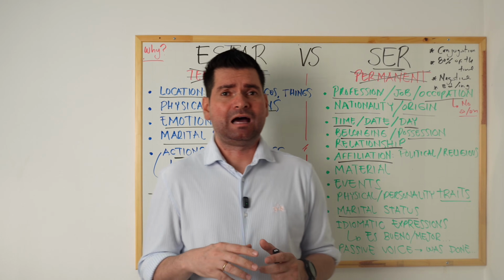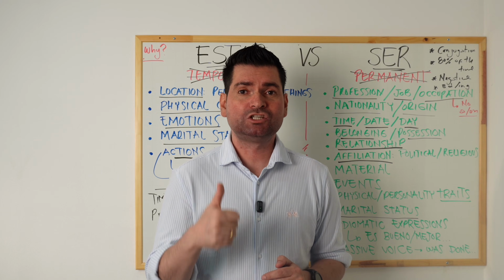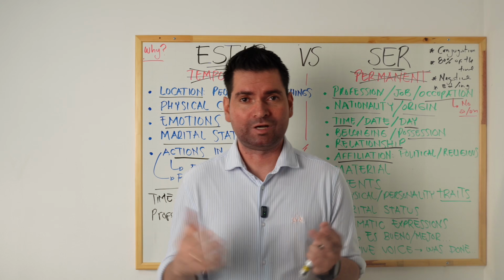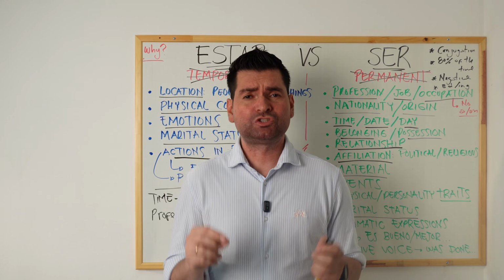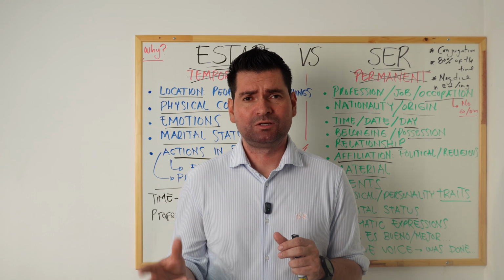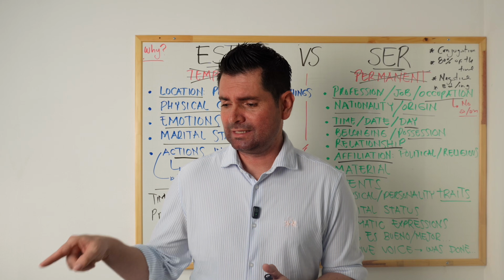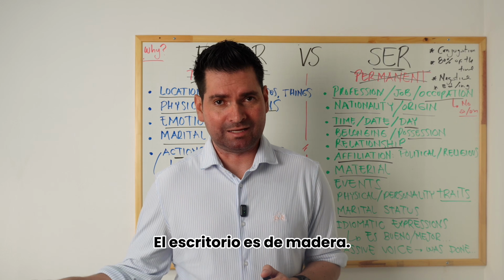And then another type of affiliation is basically, you could say, soy vegetariano. I am a vegetarian. For example, material. When you talk about the material of things, we use the verb ser. I can say, the desk is made out of wood. El escritorio es de madera.